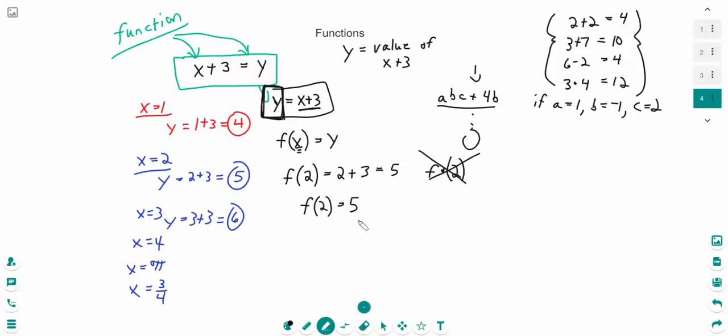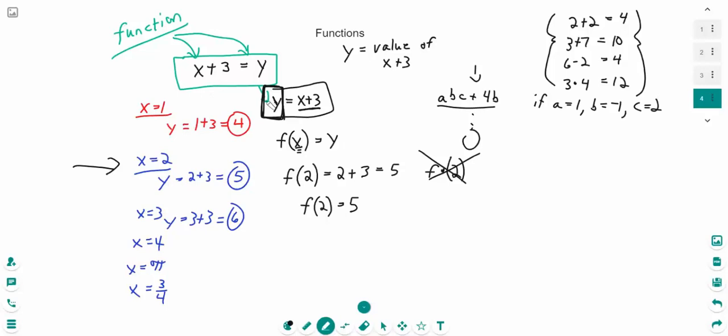All that means is that the value of this y will be 5 when x is 2, which is exactly what we did over here. We said if x is 2, what's y? Well, we just plugged it in.